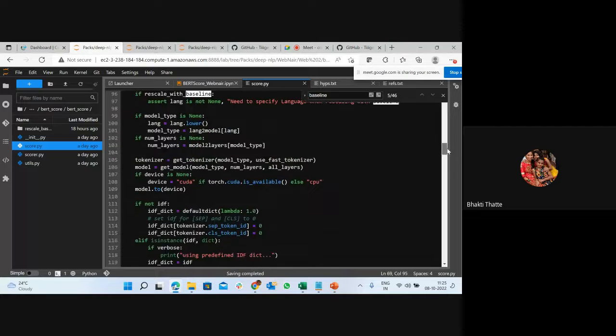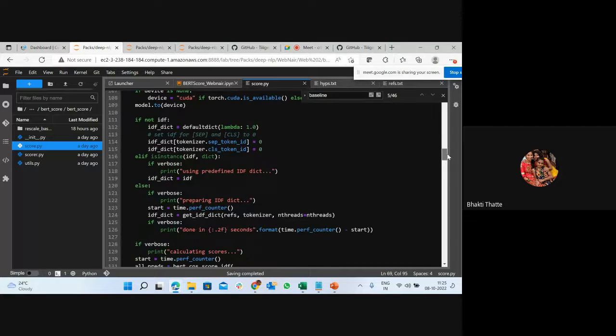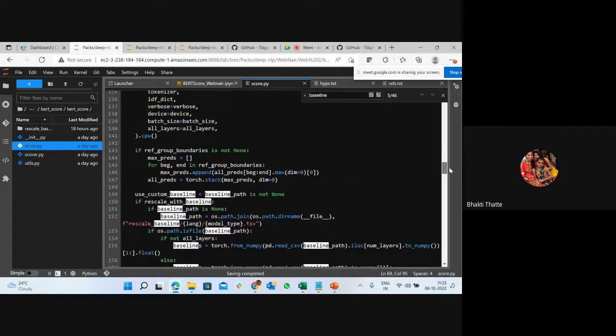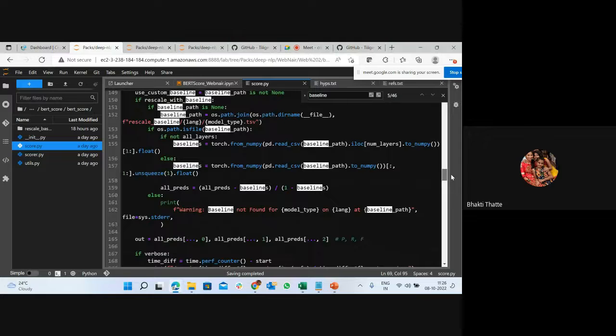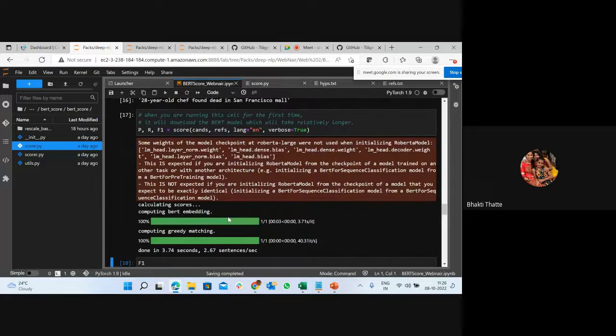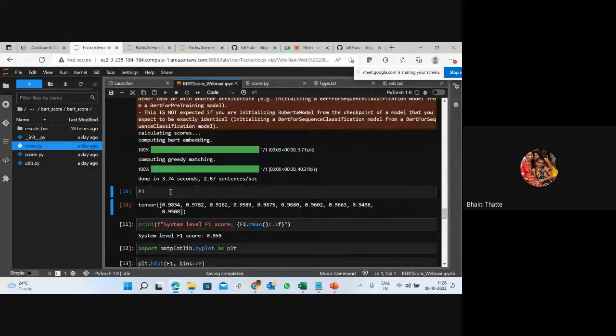So this is the code for baselining also. See this one. The mathematical formula I have shown for the baselining, it is calculating it here. Let's go back and see whether it has run. So F1 is done. Now I'll run this, I'll get the F1 score here, and this is the mean of F1.